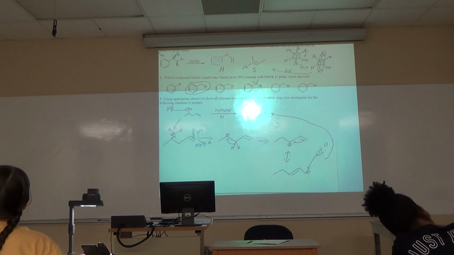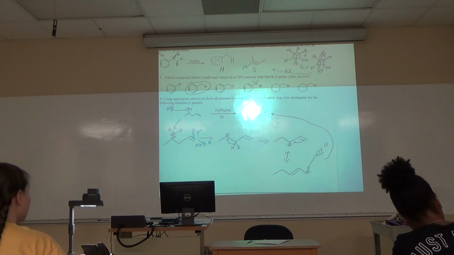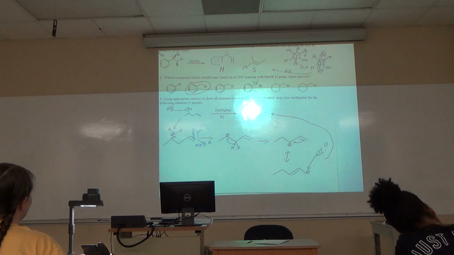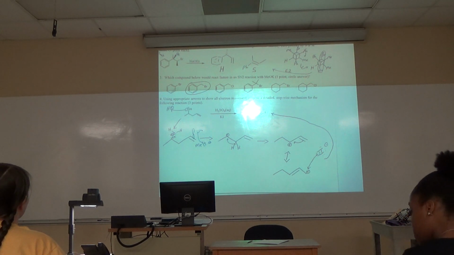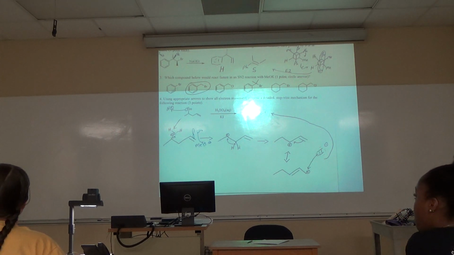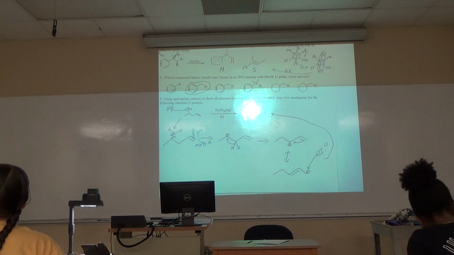I minus exists in HI. I minus can exist with sulfuric acid, where most other good strong nucleophiles cannot. Like an sp3 amine, it's a good nucleophile, but it can't exist with sulfuric acid, because it'll act as a base and react with sulfuric acid, and then your nucleophile is gone.